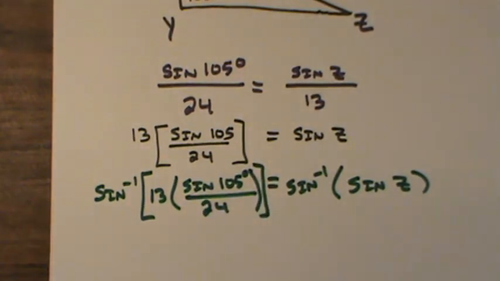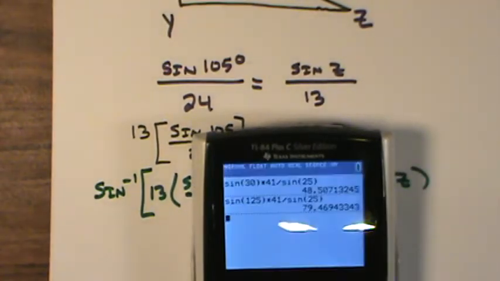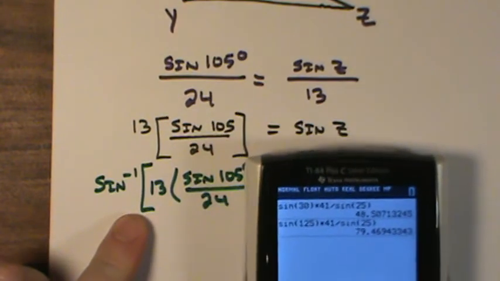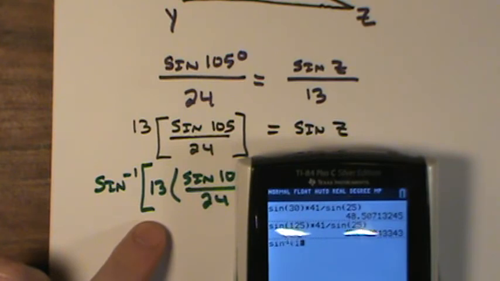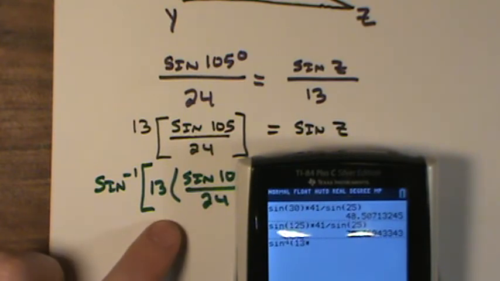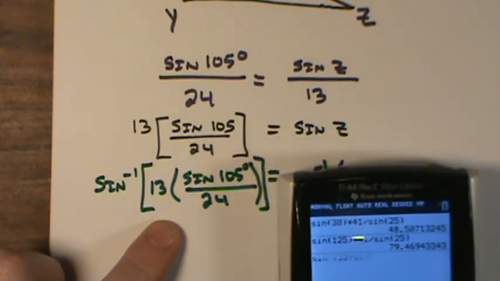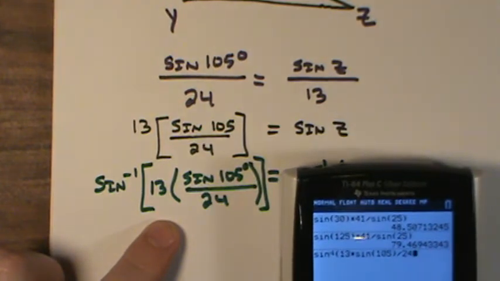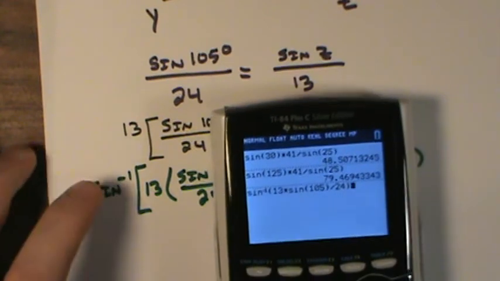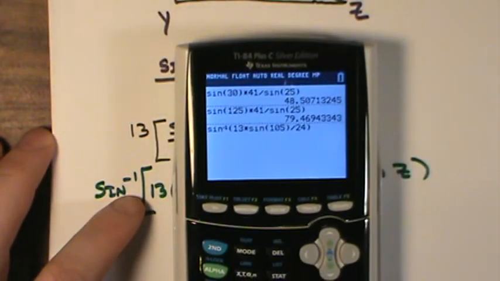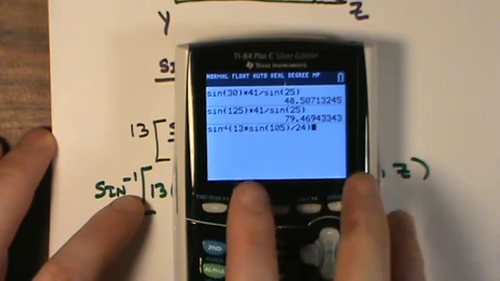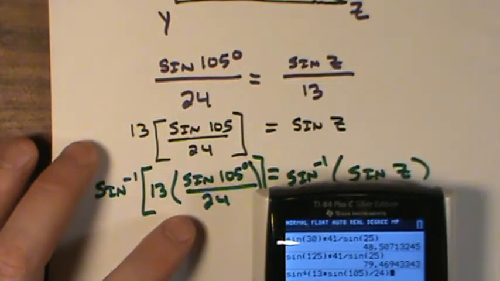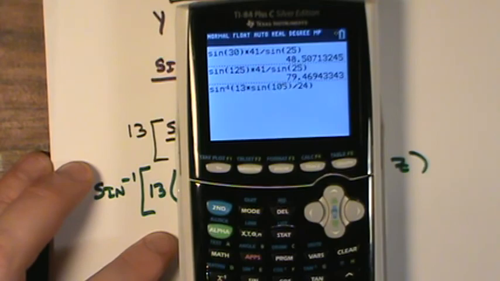Now I'll let my calculator do all the work here. So turn the calculator on. I'm going to do the arc sine, which is simply going second sine, 13 times sine of 105, close that angle out, divided by 24. And I'll close the parenthesis so you can see that. I am in degree mode, so everything's good. I did arc sine of 13 times sine of 105 divided by 24. Now I hit enter.